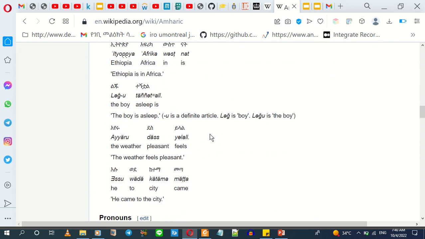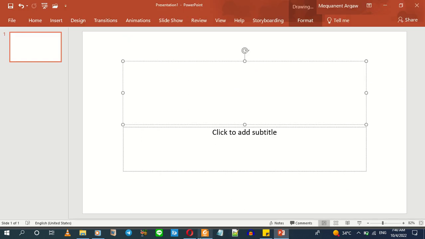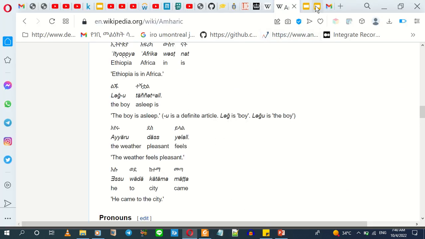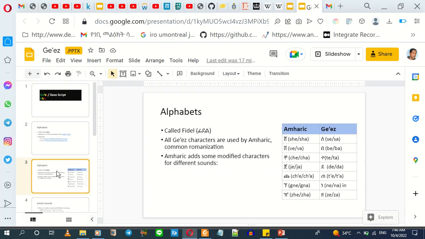So, the difference. There are some sounds that are specific to Amharic, and they are represented with a different letter. For example, this sound is she in Amharic, but there is no she sound in Ge'ez.